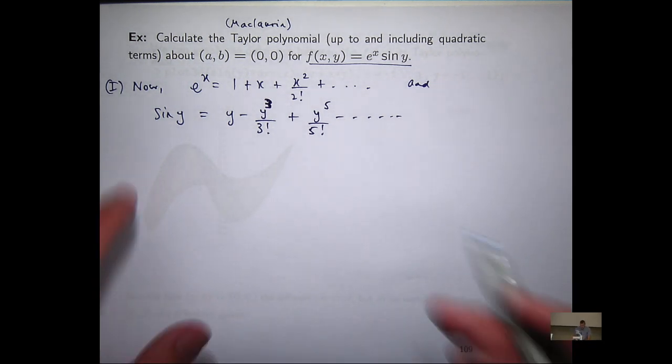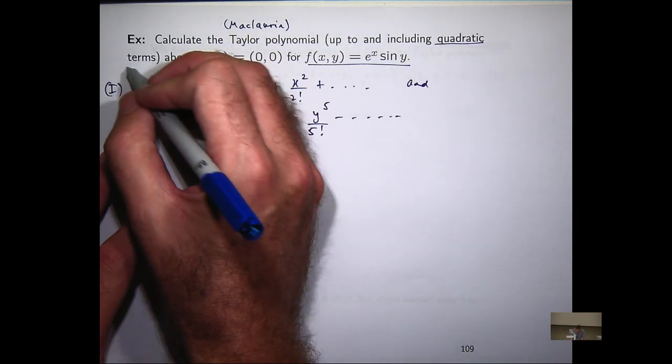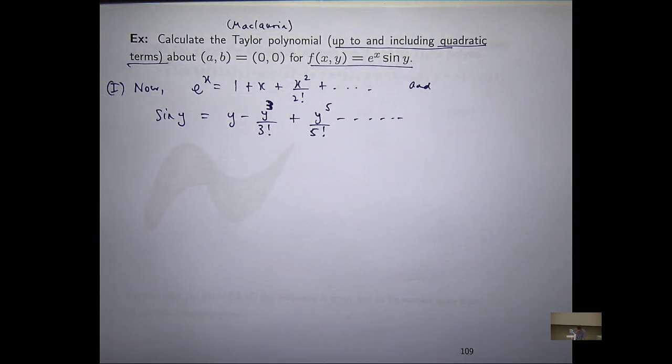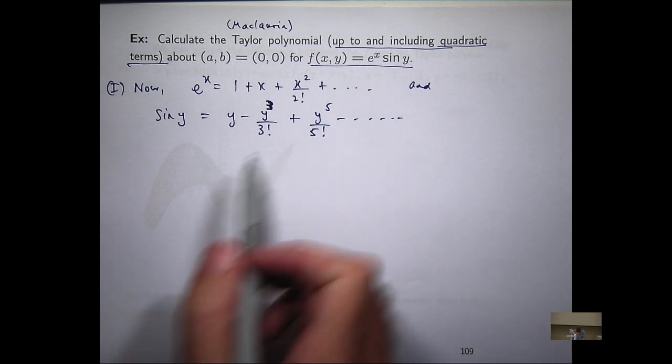Now, we're only looking for the polynomial up to and including the quadratic terms, the squared terms, or the x times y terms. So what I'm going to do is multiply these two things together and then have a look at what terms I want to pick out for my polynomial.